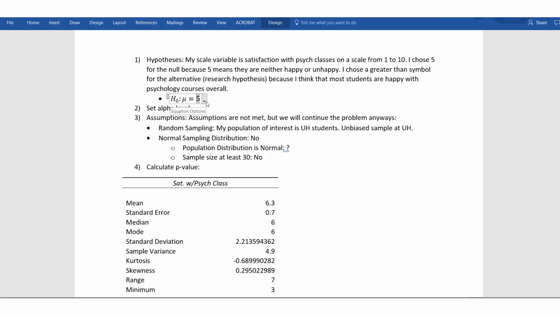So you just want to really think about what's a good kind of number that you want to compare your average to. And then you want to explain it in number 1. If you really can't think of something, you can put 0. But you should be able to think of something. So that's my null. So you're going to have it equal to some number. So mu equals some number.